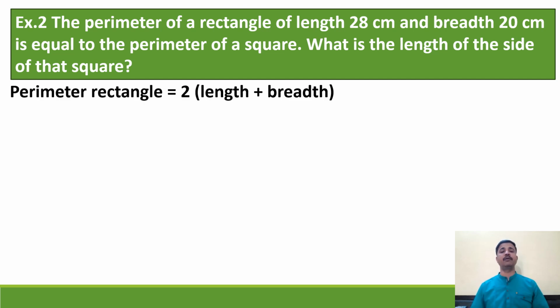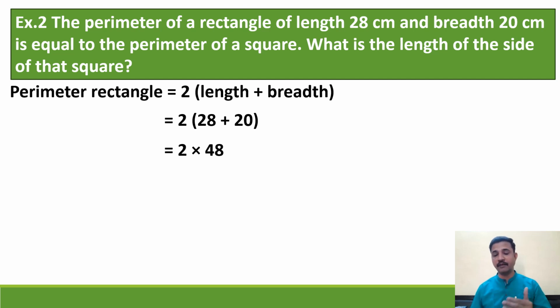पेरीमीटर ऑफ रेक्टेंगल equal to 2 in bracket length plus breadth. लेंथ 28 सेंटीमीटर, ब्रेथ 20 सेंटीमीटर, तो put the value: 2 in bracket 28 plus 20. 28 plus 20 is 48, so we write 2 multiply 48, that is 96.